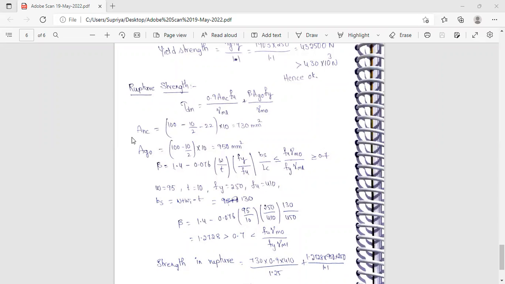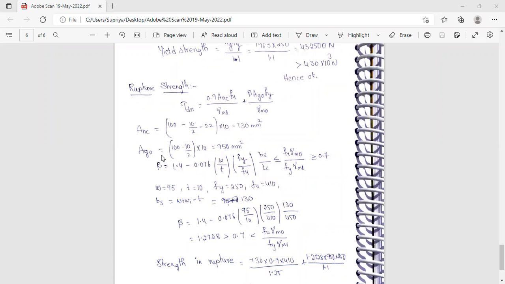Okay. What is the total width of the connected leg? 100 mm. We have to calculate the net area, so deduct the bolt holes from those and multiplied by 10 will give 730 mm square.